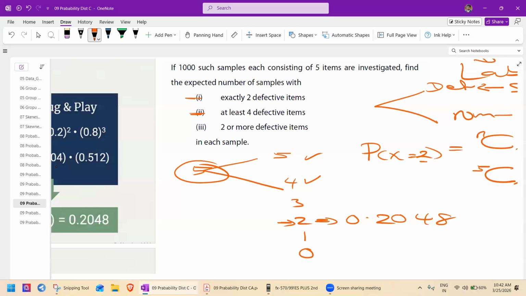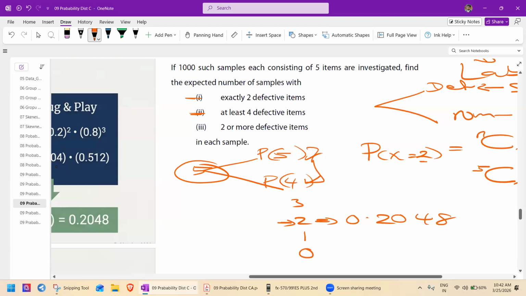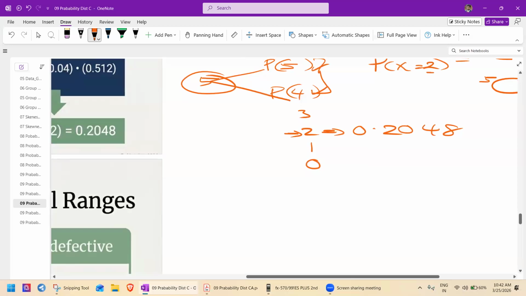Then we can take the probability of getting 5 defective items and the probability of getting 4 defective items, and if we add these together, we can find the answer to this question.